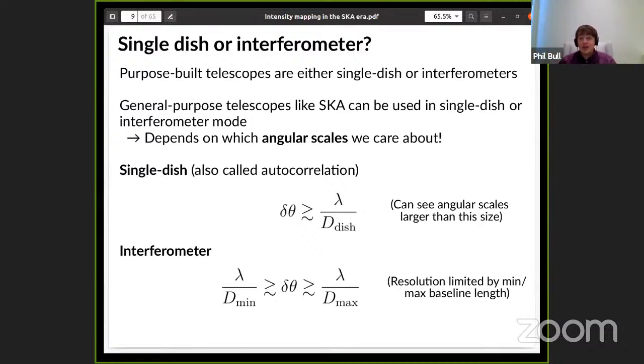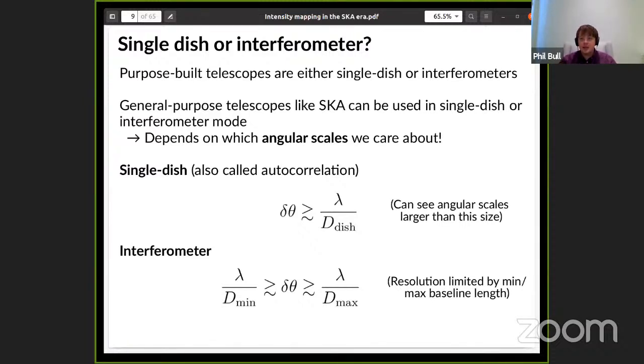An interferometer, on the other hand, you're kind of stuck between two limits. You can see angular scales as large as the minimum baseline length permits you. So any angular scale smaller than lambda over d min, and you can see angular scales as small as lambda over d max, the maximum baseline size.